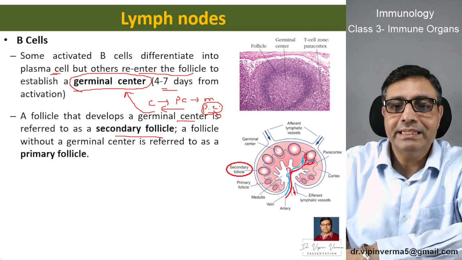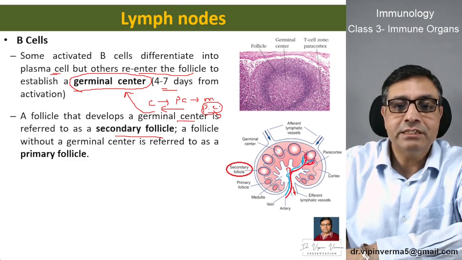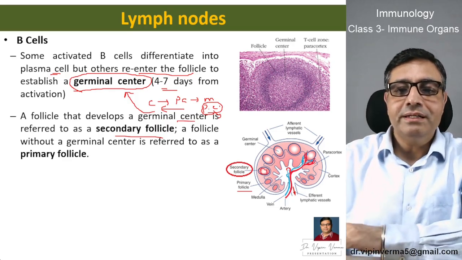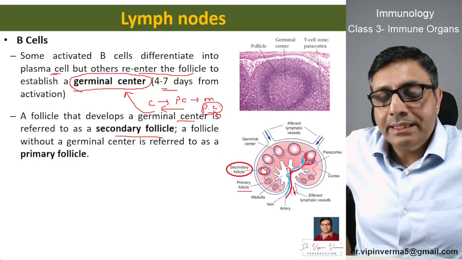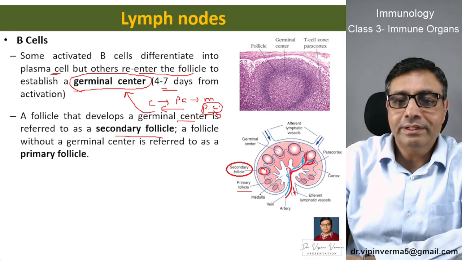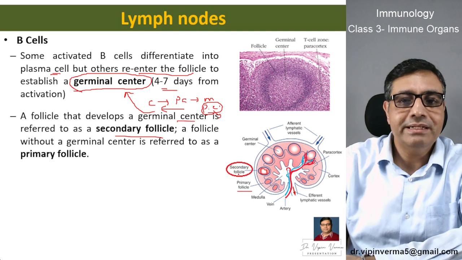Here you can see in the picture, this is the primary follicle, and in the primary follicle there is no white patch, and this white patch represents the germinal center. So this is the primary follicle. But as soon as you see this white patch here, this is the germinal center, and when the germinal center comes up in the primary follicle, it is known as a secondary follicle.